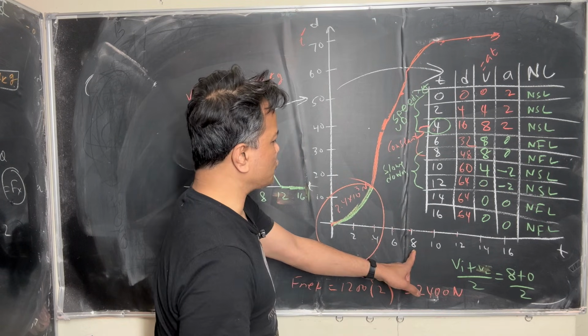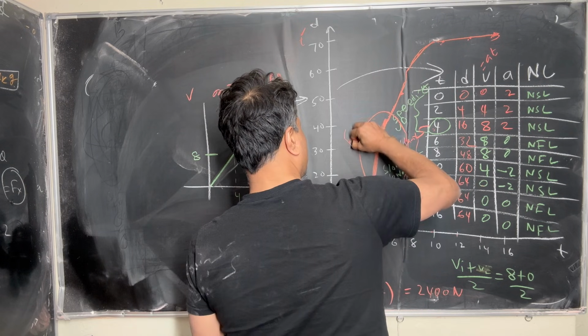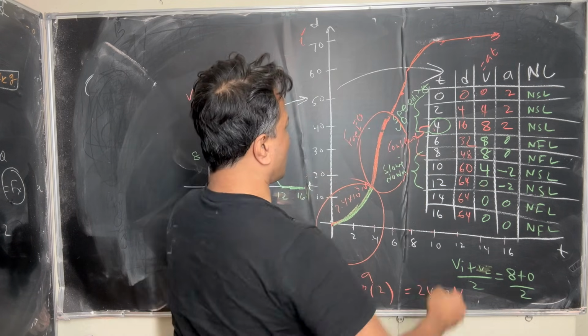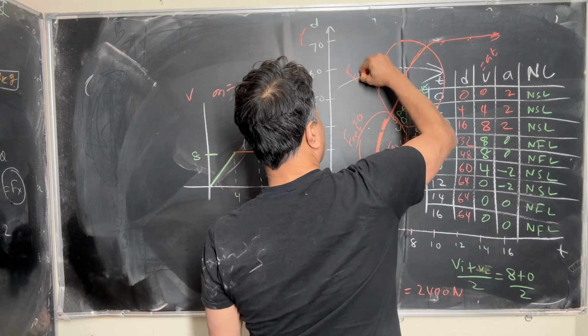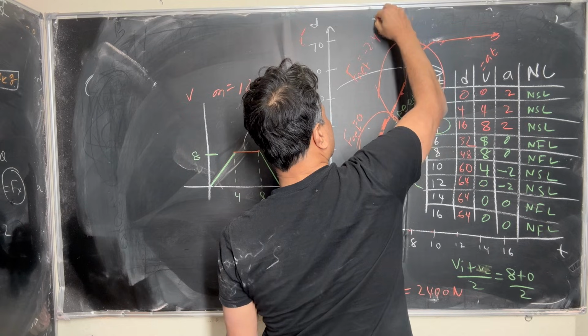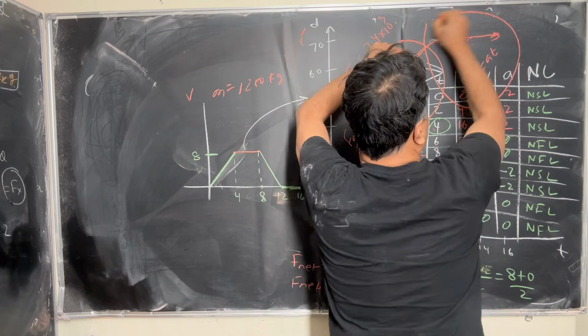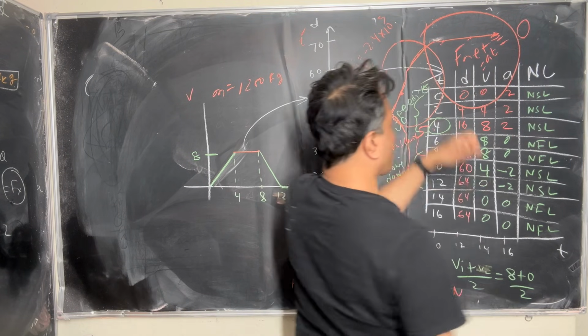From 4 to 8, the net force is 0. From 8 to 12, F net is negative 2.4 times 10 raised to 3. Then from 12 to 16, the net force is again 0.